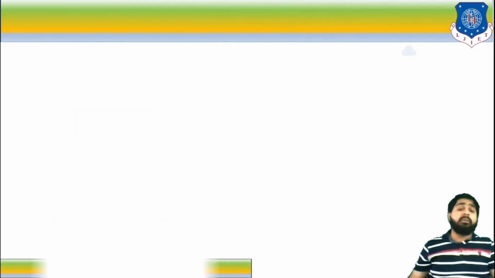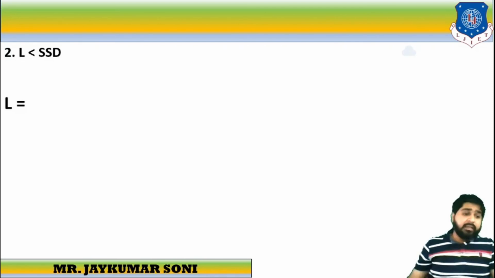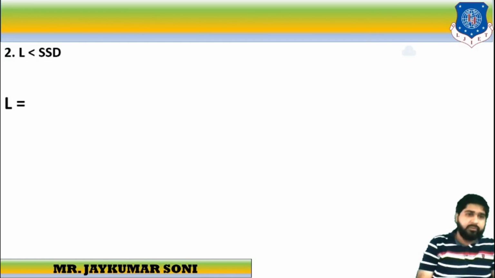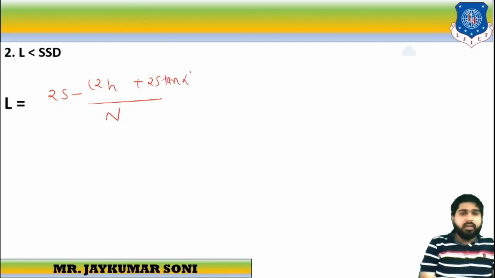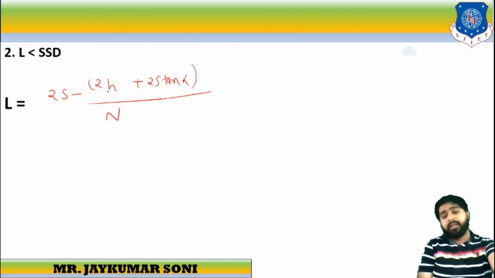And if we discuss the second criteria, which states where the L is less than SSD, then the equation for that will be the flipping of the initial equation, which was L more than SSD. So it will be 2S minus 2h plus 2S tan alpha, divided by N. We know the notations and the values: S will stand for SSD, h will stand for 0.75, and alpha will stand for 1 degree.